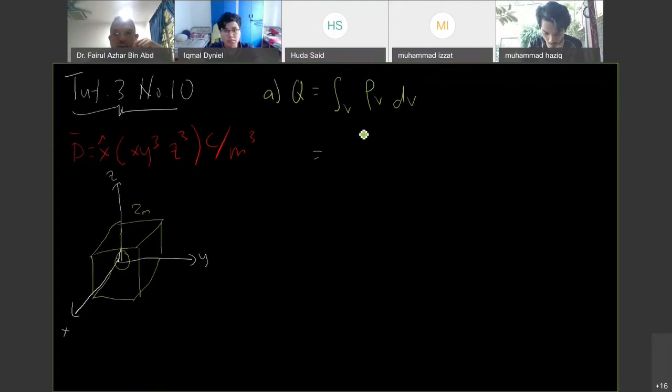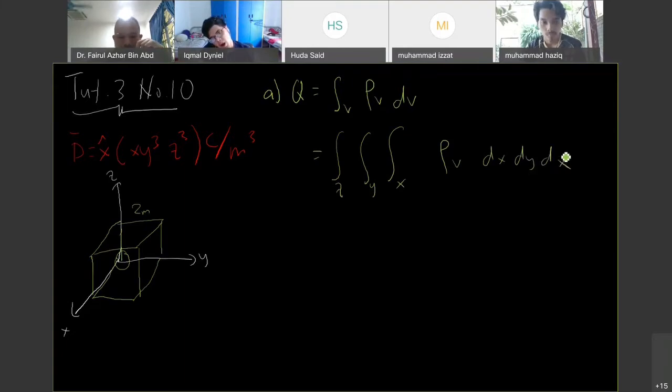In order to solve this, because our shape is a cube, a Cartesian shape, we can have a triple integration, with integration for x, y, and z. This is our rho v, and the dv is dx dy dz.